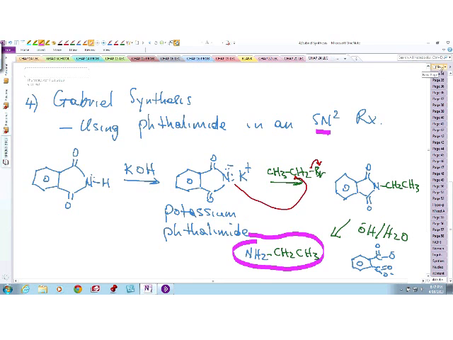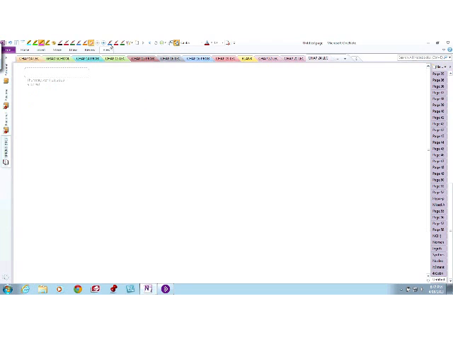Method number 5. We have what we call the Hofmann rearrangement of a primary amide.